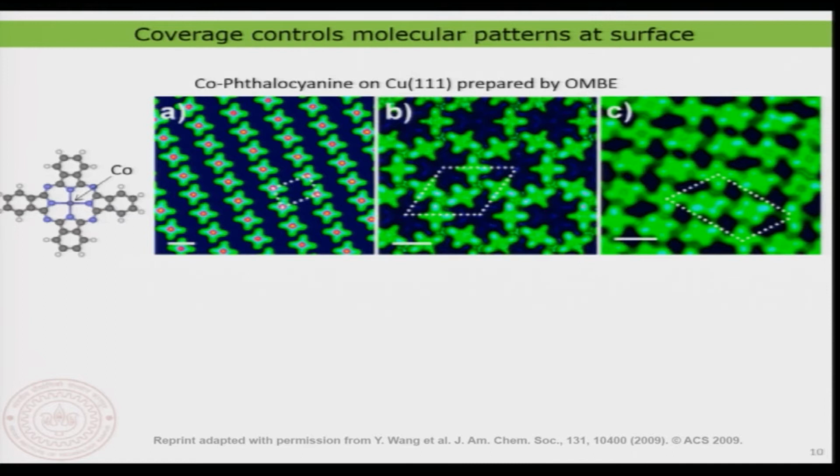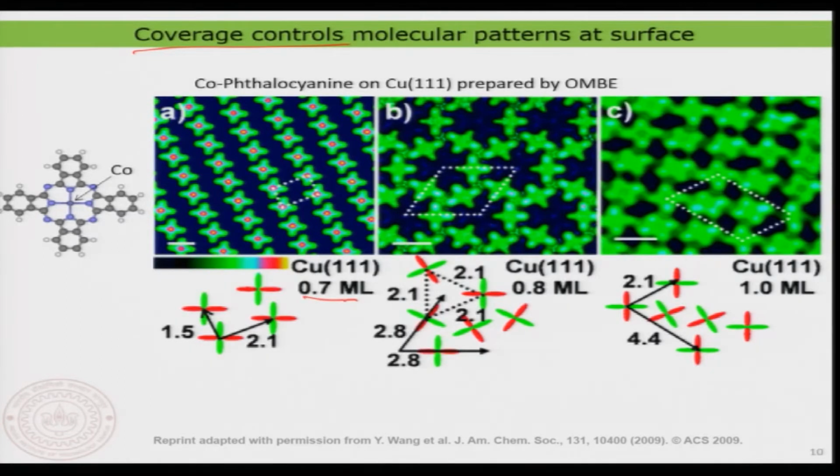Before that, what I would like to show you are some additional factors that control molecular self assembly on surfaces. So far, what we have seen is that it is controlled by the molecule orientation and the molecule-surface orientation, but that is not all, because in many cases, depending on the coverage of molecules on the surface, here for example I have 0.7 monolayer coverage, then I increase the coverage to 0.8 monolayer, then 1 monolayer, you would find different types of patterns.